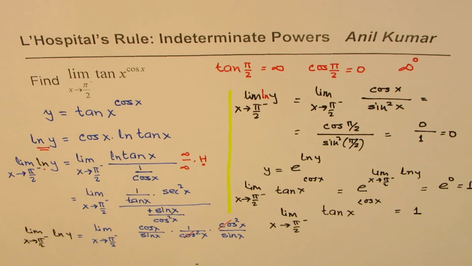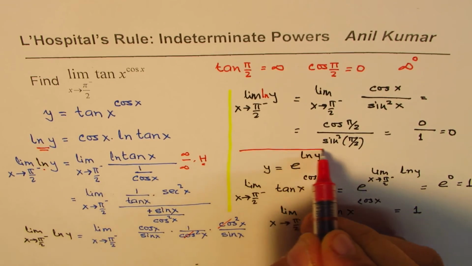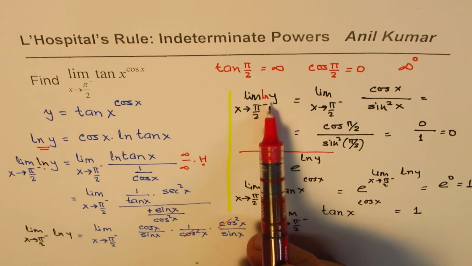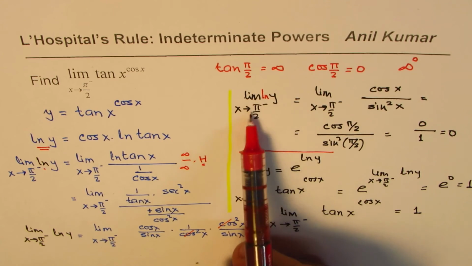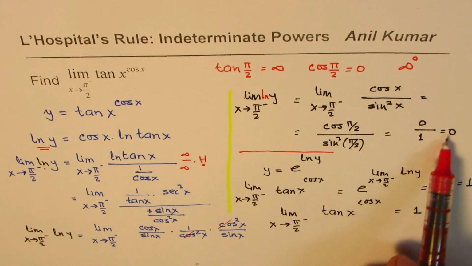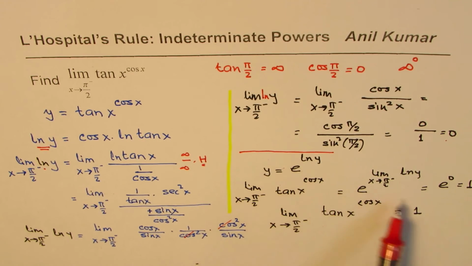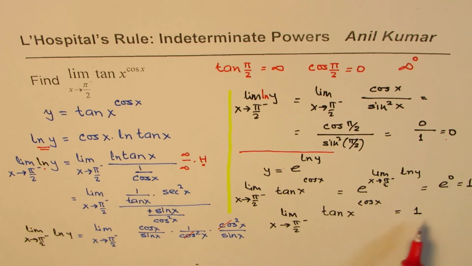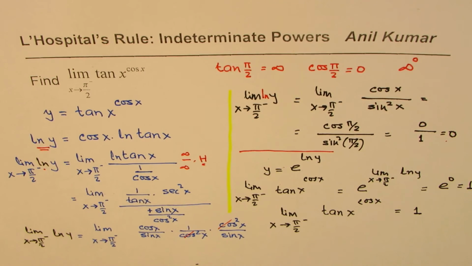So that is how you can answer. Well, some of you at this stage, when we have limit ln y is equal to 0, you could write this as limit for y is e to the power of 0, right? You could directly also write, but here is an explanation which helps you to understand why we get this answer.